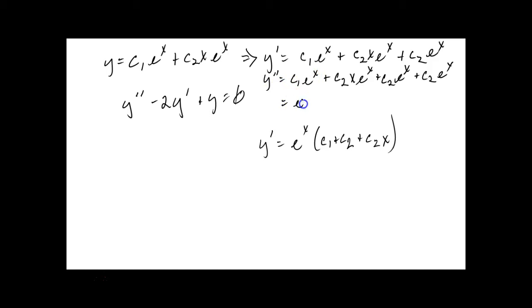Every term has an e to the x, so let's pull that out. And then what do we have left? C1 plus 2C2 plus C2x. That's a little easier to deal with, isn't it?